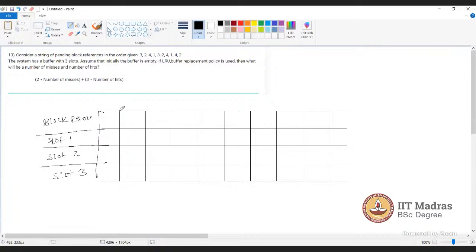The numbers given are 3, 2, 4, 1, 3, 2, 4, 1, 4, 2. So let's insert first 3. Is 3 present in slot 1, slot 2, or slot 3? Not present. So let's insert 3, and this will be a miss. 1 miss.